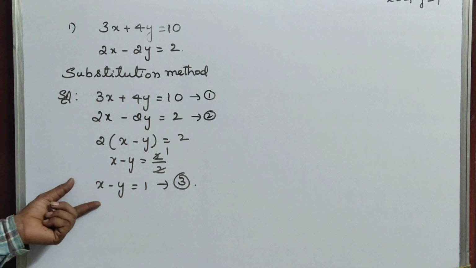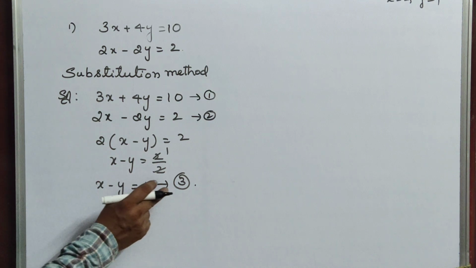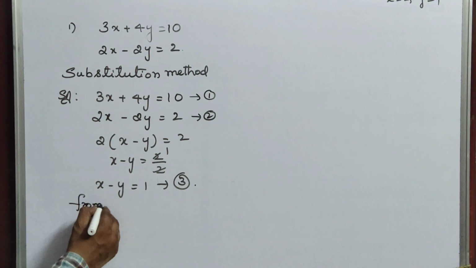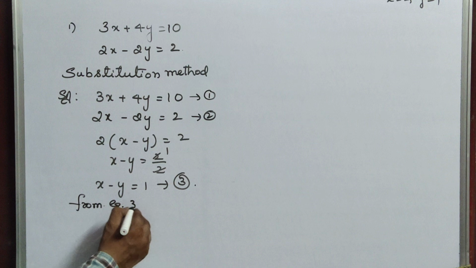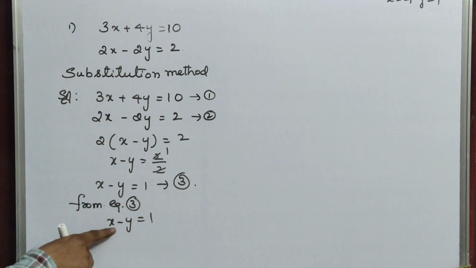Equation 3 is looking very easy, so I am going to select equation 3. From equation 3, x minus y equals 1. Here y is negative. Always see that the wanted variable should be positive.